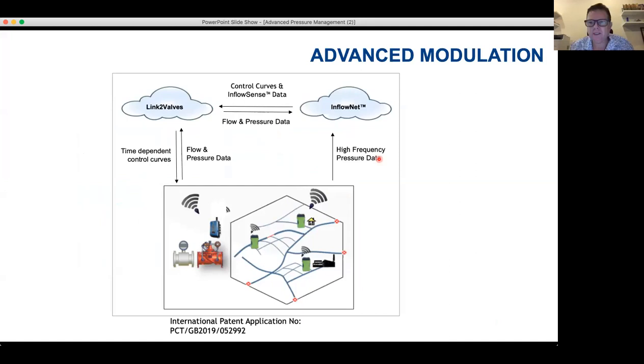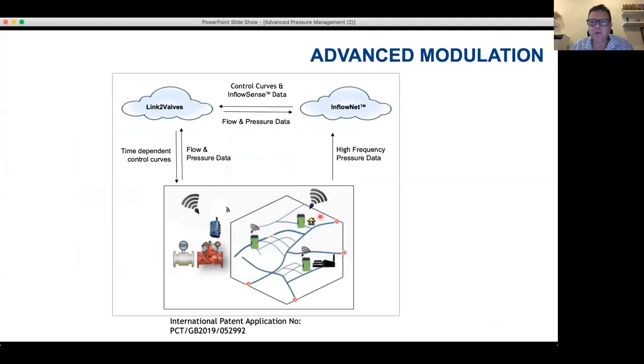Now, what's interesting is over the last year or two, people have started to look at these critical points and have started to say, well, maybe the critical point in a DMA is not fixed all the time. So you could have a residential area.